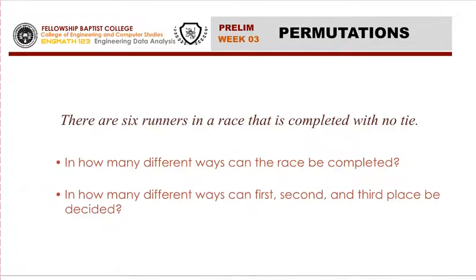So, we have example. So, we have 6 runners in a race that is completed with no tie. In how many different ways can the race be completed? In how many different ways can first, second, and third place be decided? So, we have una-una nga problem. In how many different ways can the race be completed?